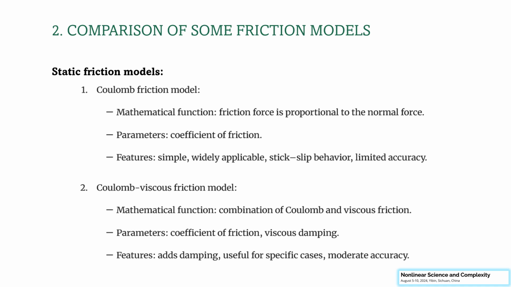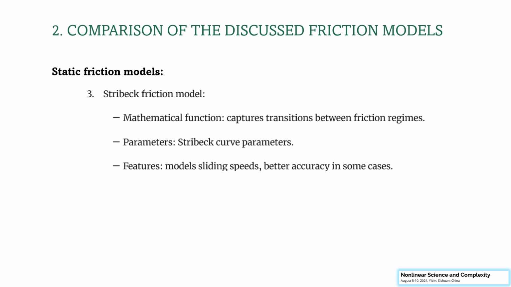When we add viscosity, the mathematical function is a combination of two. The parameters are coefficient of friction and viscous damping, and in the features we see that it adds damping, is useful for specific cases, and has moderate accuracy. The Stribeck friction model models sliding speeds and has better accuracy in some cases.